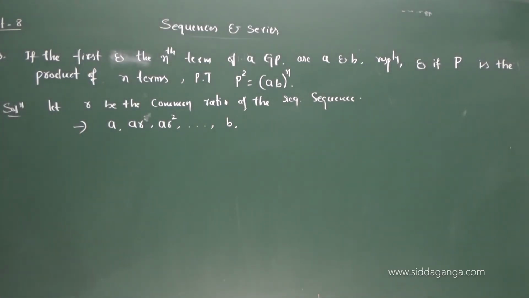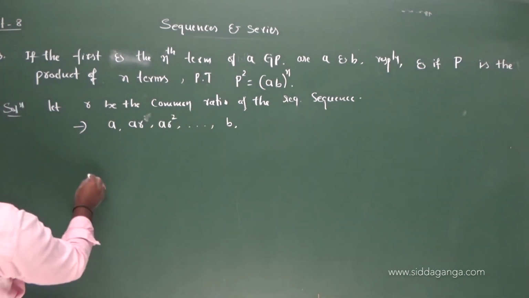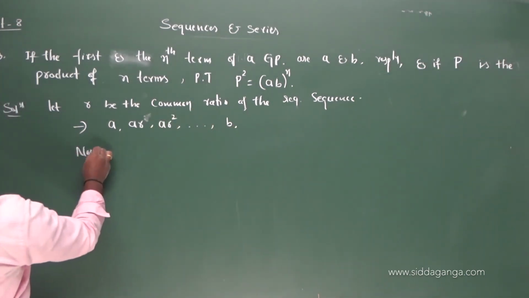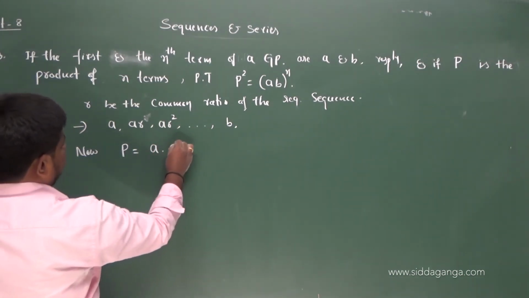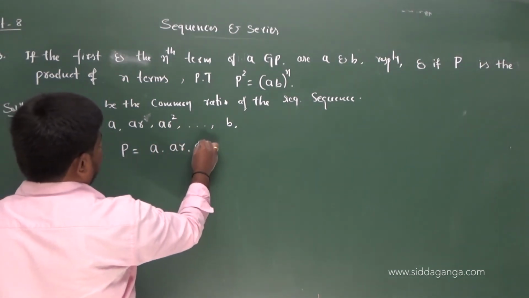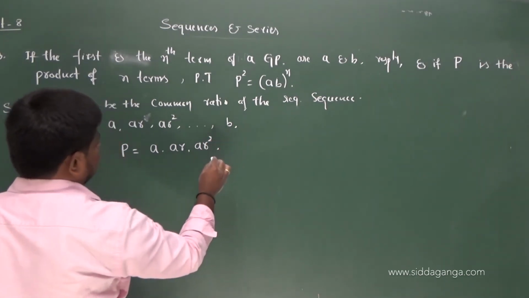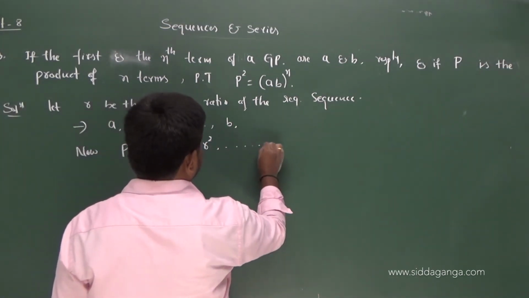Now P is the product of all these terms. So P is equal to A into AR into AR square, and so on.